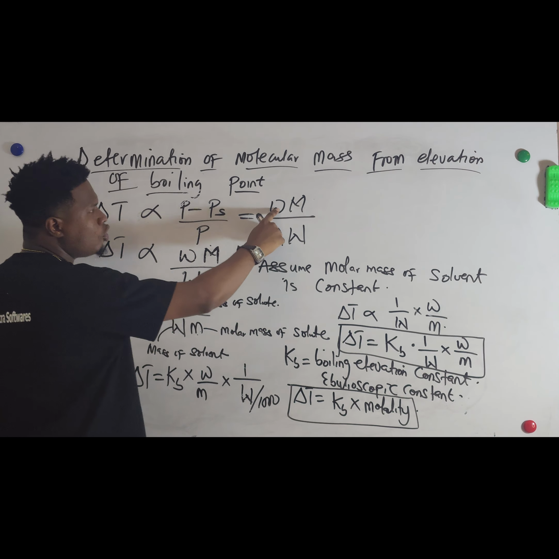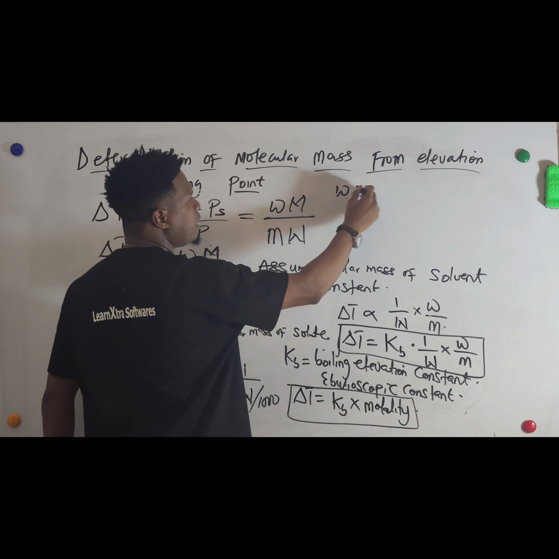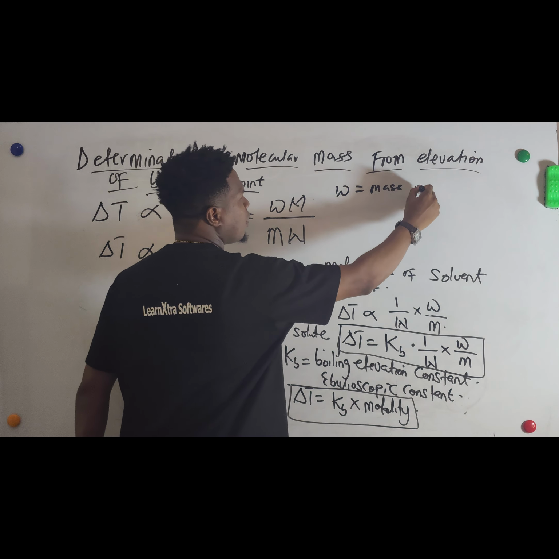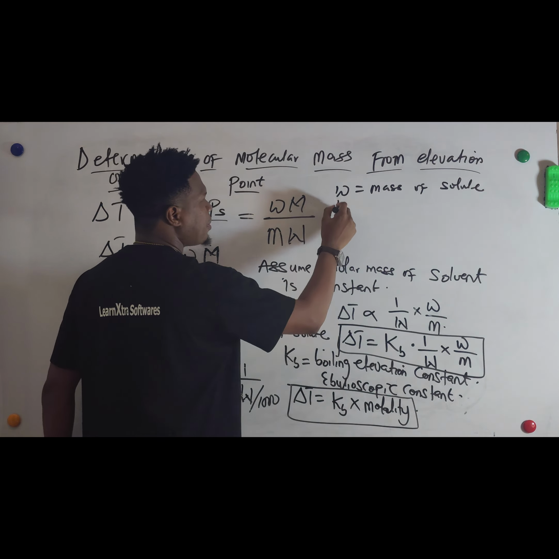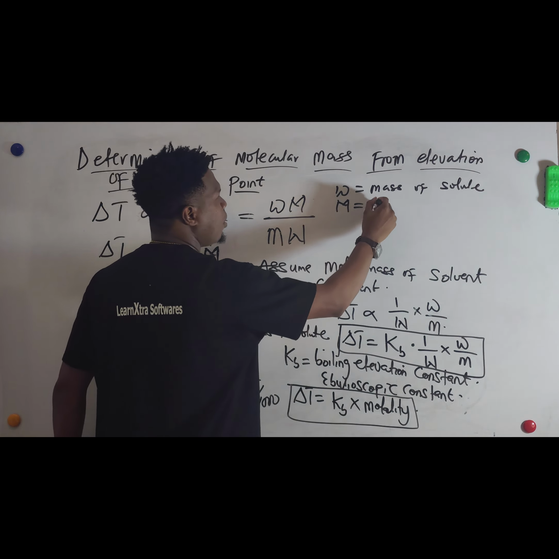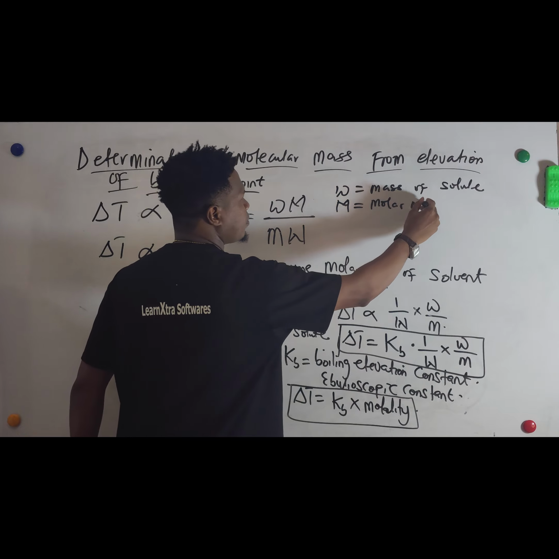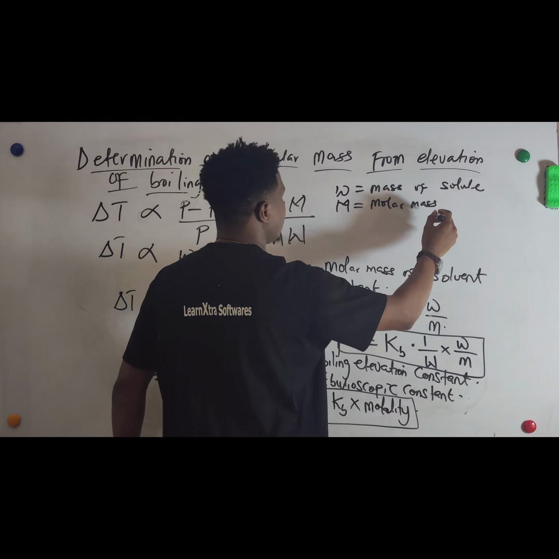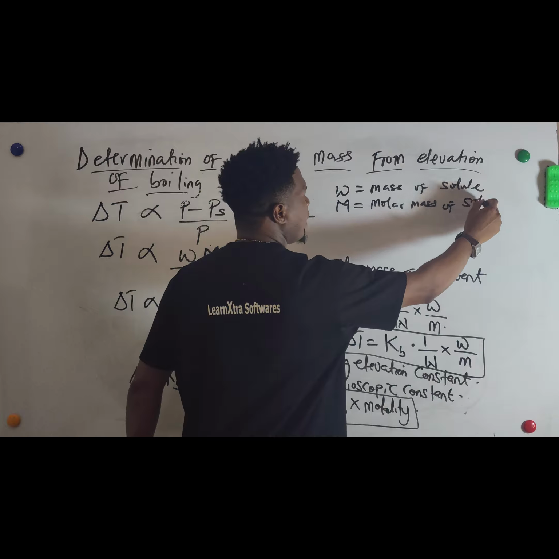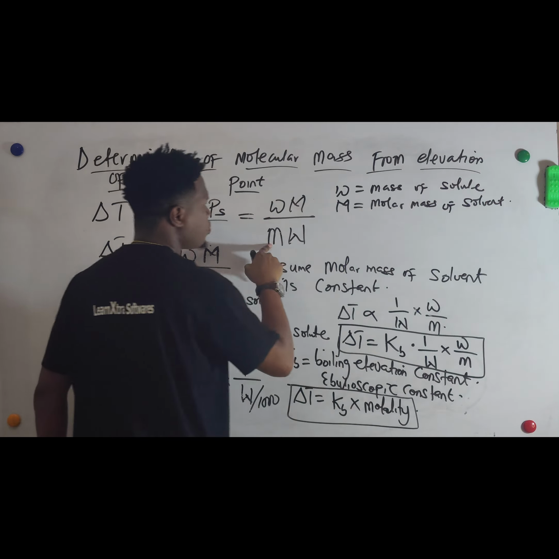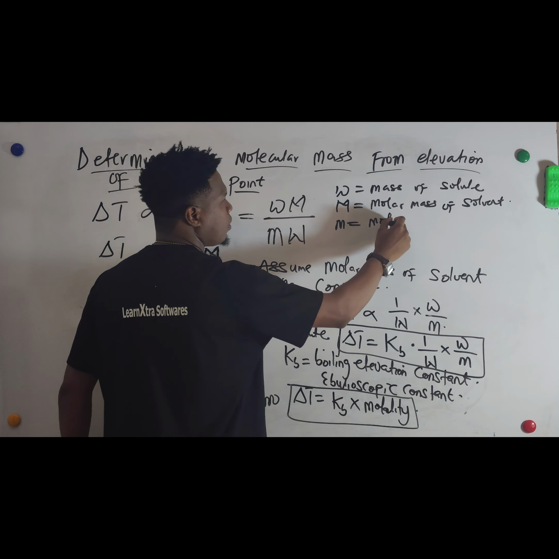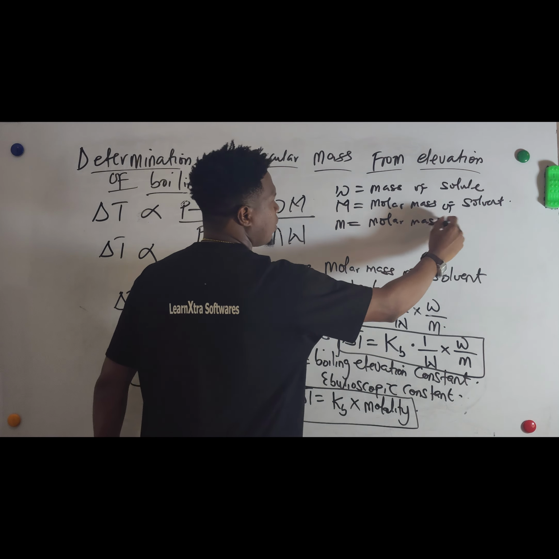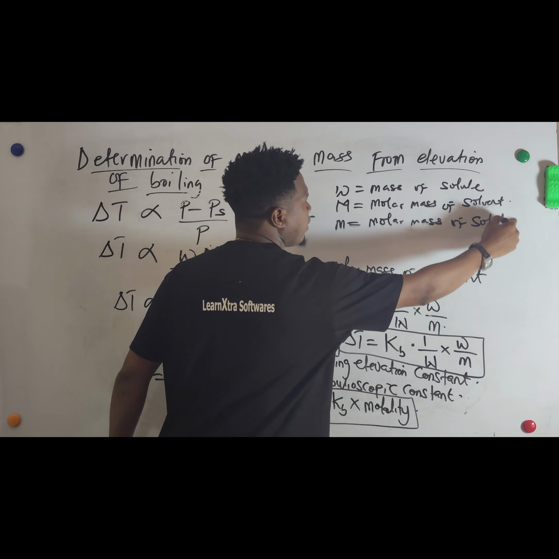Take note, this W is mass of solutes, okay? Don't mistake it. Then capital M is molar mass of solvents, okay? Then small m is molar mass of solutes, okay?